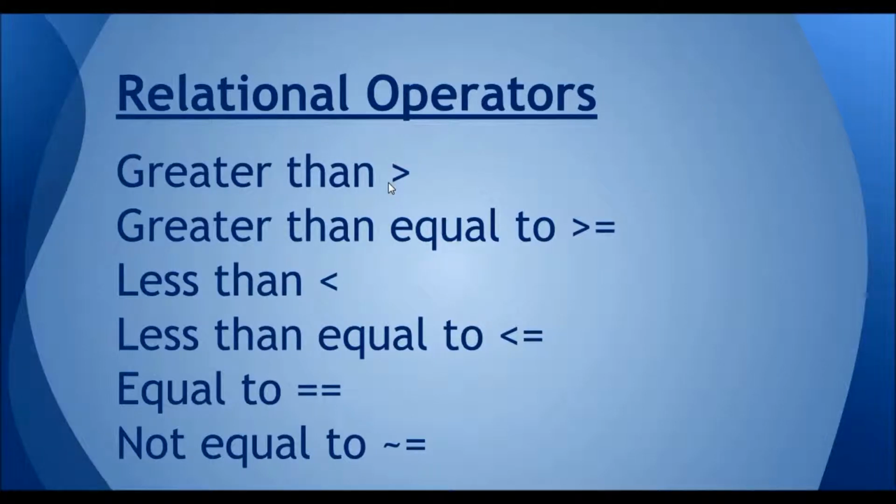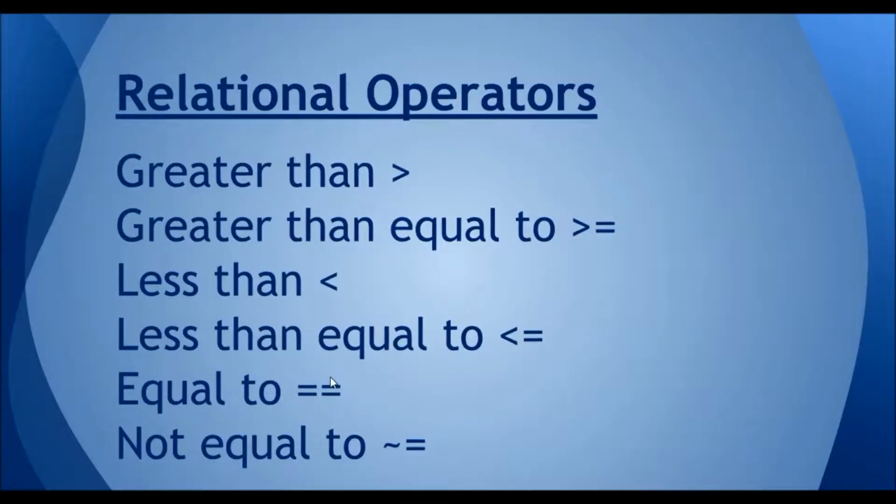And these are the relational operators. This is greater than, this is greater than equal to, this is less than, this is less than equal to, this is equal to, and this is not equal to. Now I want to say one thing about this equal to. It's a bit confusing.